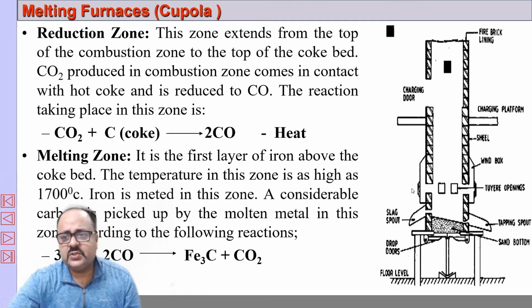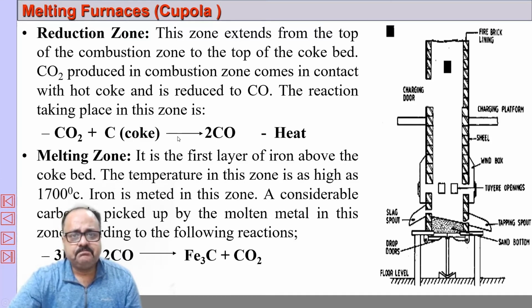And in the reduction zone, which is above the combustion zone, another reaction takes place, the reduction reaction. The carbon dioxide produced in the combustion zone will be reduced to carbon monoxide, and then we have the melting zone. It is the first layer of the coke bed. The temperature in this zone is very, very high, around 1700 degrees centigrade, and the iron actually melts here.